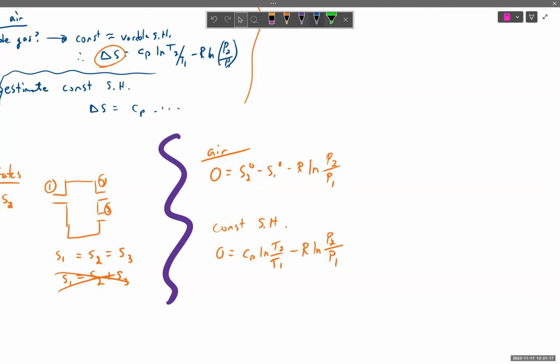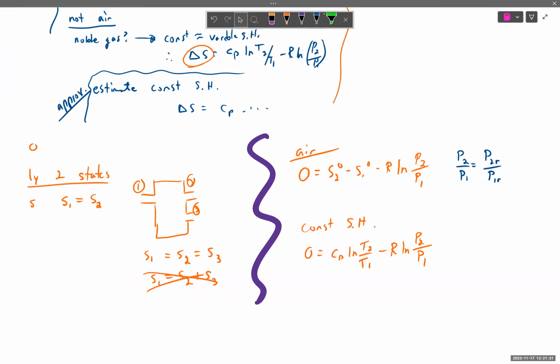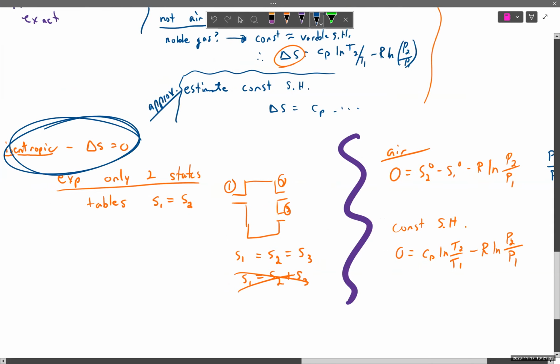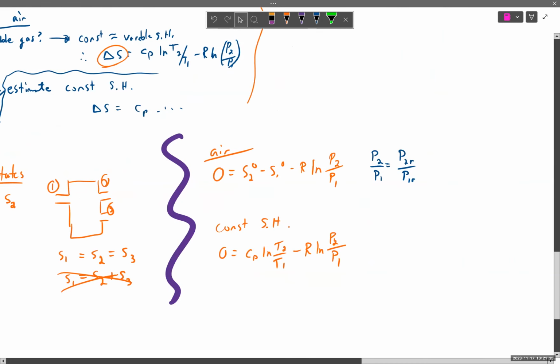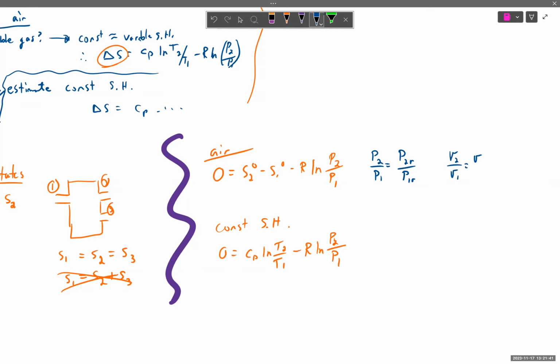And let's do that, where we can say, what I was writing above, P2 over P1 equals P2R over P1R. Just remember, this is only for the case of it being isentropic. You can only use this ratio when that's true. V2 over V1 equals V2R over V1R.